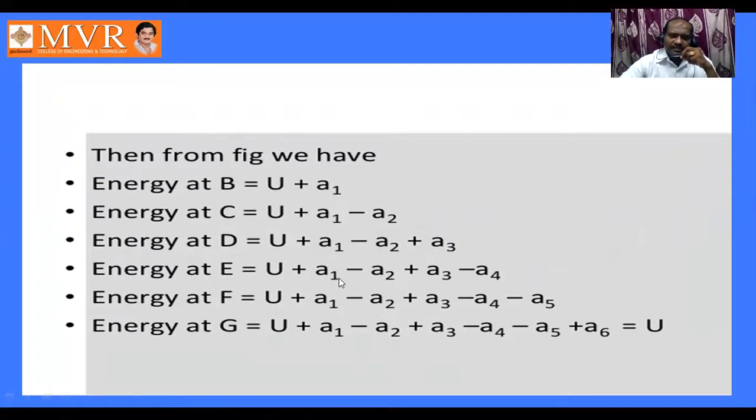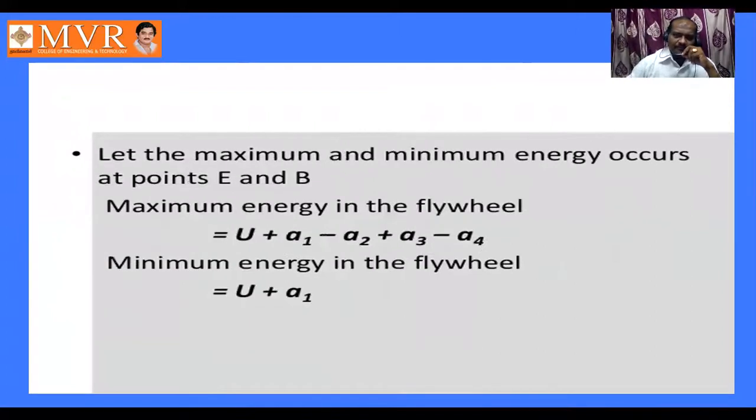Energy at E is U plus A1 minus A2 plus A3 minus A4. Energy at F is U plus A1 minus A2 plus A3 minus A4 minus A5. So ultimately, energy at G is U plus A1 minus A2 plus A3 minus A4 minus A5 plus A6, which is equal to U. So ultimately, after absorbing energy and gaining energy, it has reached the end position, which is equal to the energy present in the flywheel.